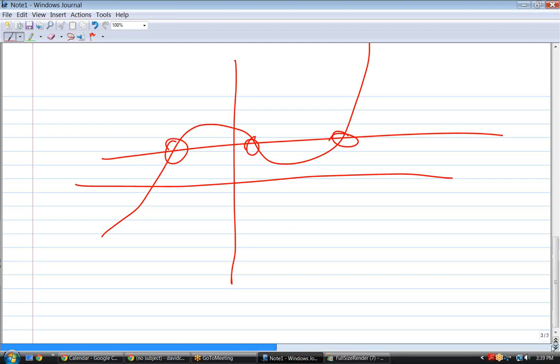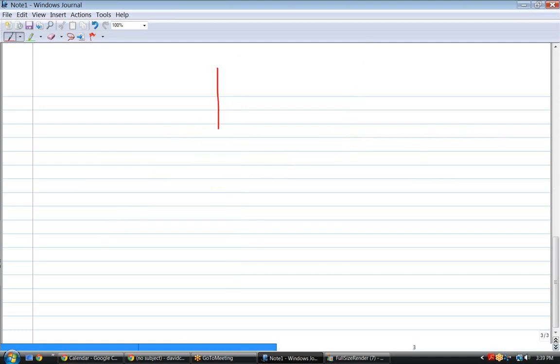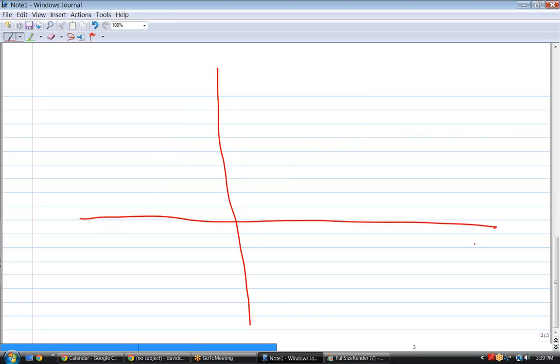Now, let's talk about something else. Graphically, what does an inverse look like? Well, take this function right here: y equals e to the x.